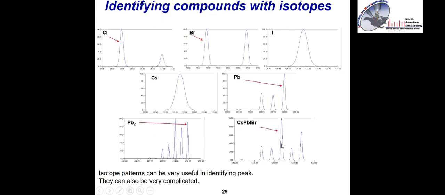And then something like this, we can see we have the superposition of the lead isotopic pattern with the bromine isotopic pattern that gives us this unique pattern. So whenever you see a pattern like this in the spectra, you know that you have lead and bromine. You can also have some cesium and iodine because they're monoisotopic. However, it does help you minimize down to the possibilities that can match these types of patterns.